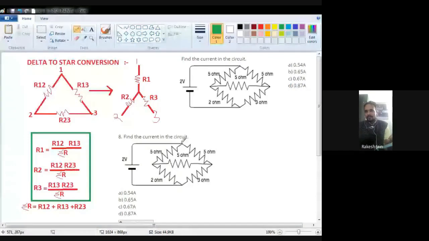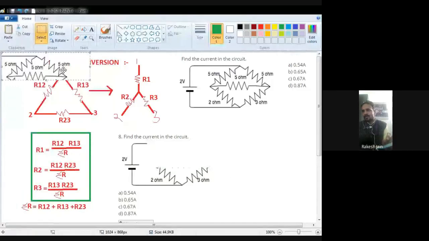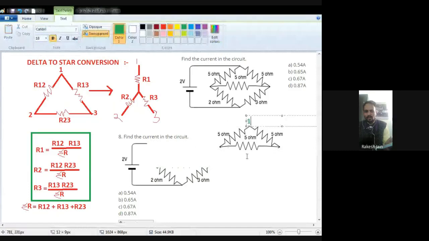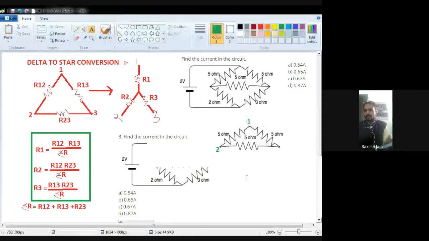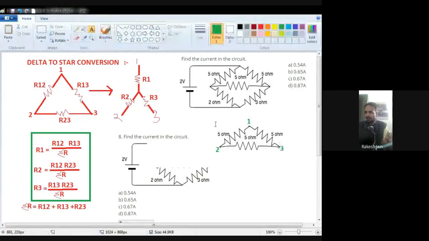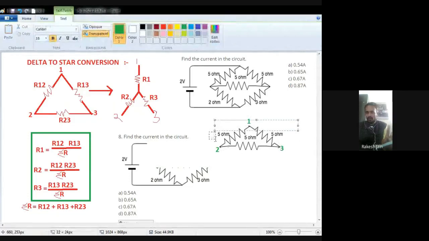So let me paste it here one more time to show you what I am going to do. I consider this as a delta network. Now I want to convert this network into a star network, so first of all I should put the names of the nodes.